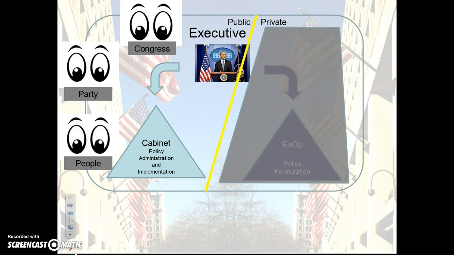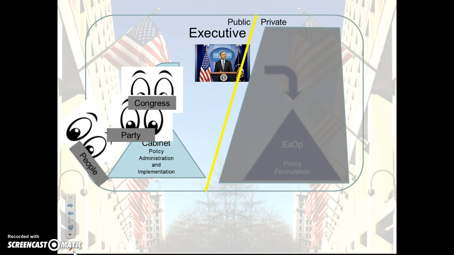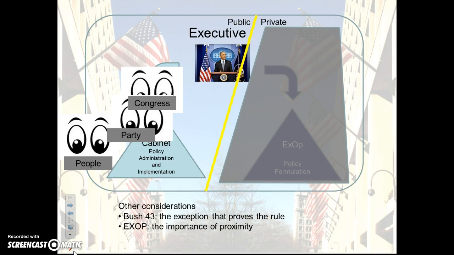And that's why all of the appointments then need to be politically sensitive. They need to be politically correct. In ExOp, the president can post pretty much whoever he wants. So the big difference there. Congress is watching cabinet, the party is watching cabinet, and of course the people are watching cabinet. But nobody gets to see what's happening inside the West Wing.